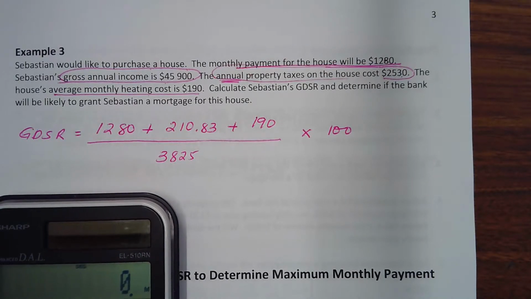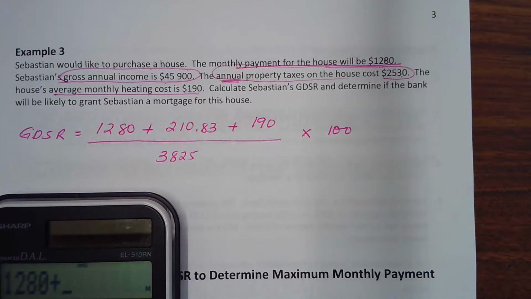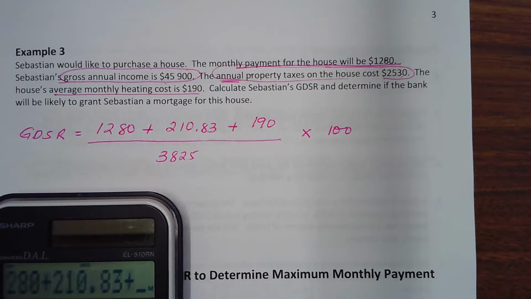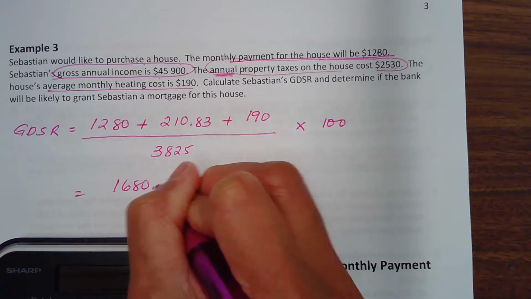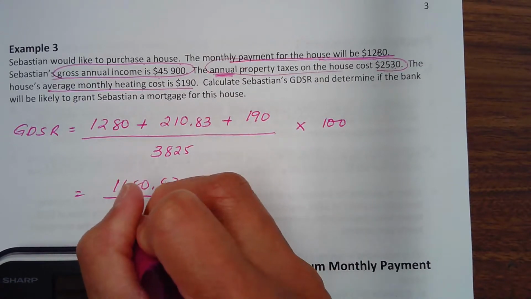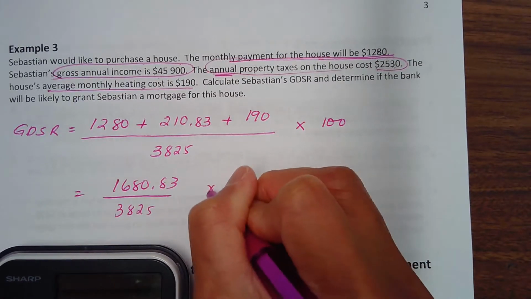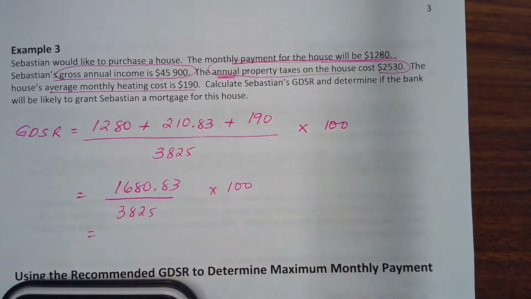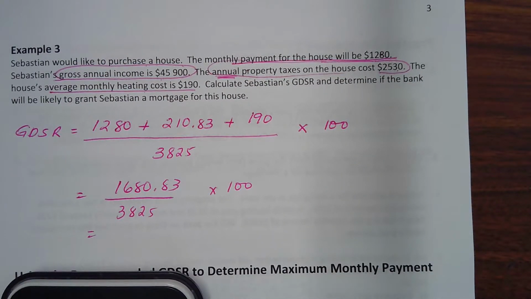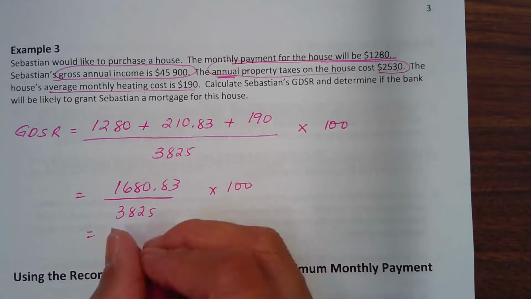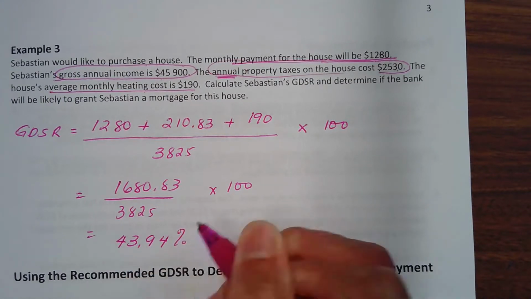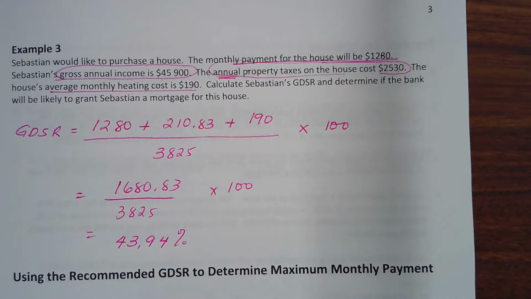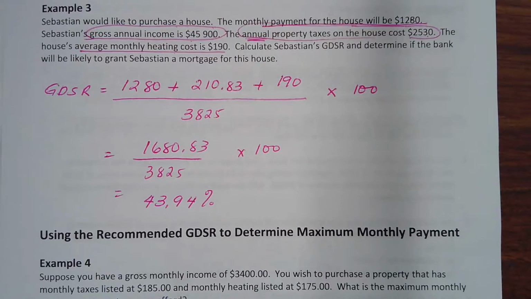I'll do the same. Okay, I got 43.94%, rounding off to 2 decimal places. Did you get that number?